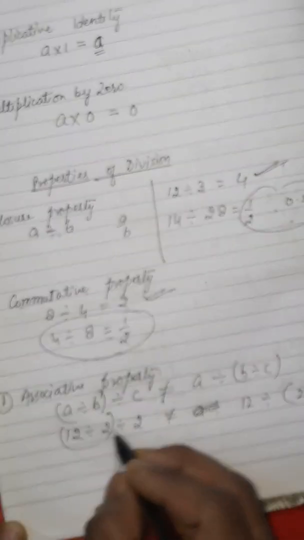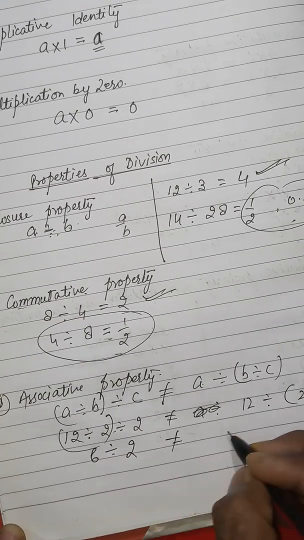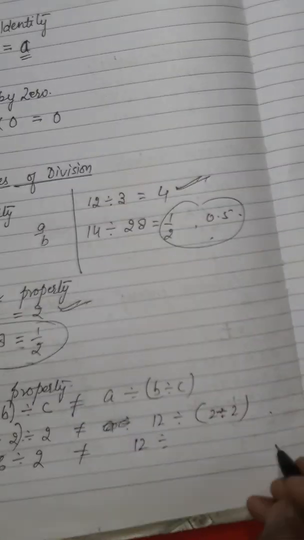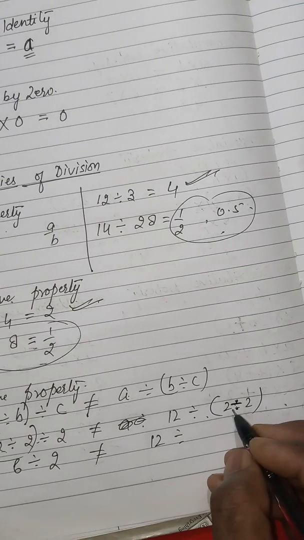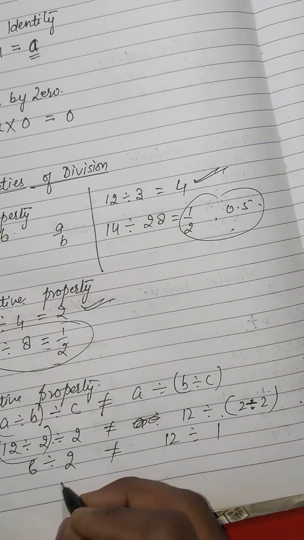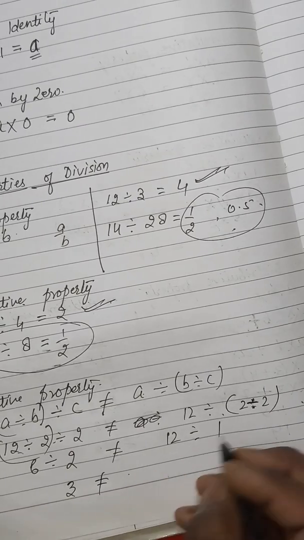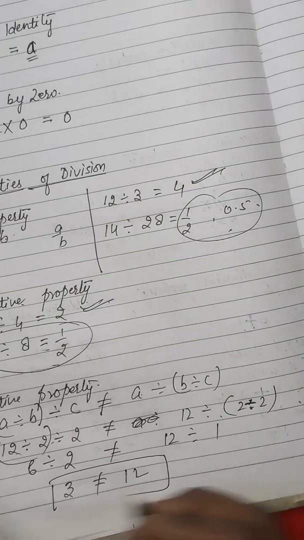Okay, now 12 divided by 2 we will get 6. Then 6 divided by 3 we will get 2. Then 12 divided by the division of 2 divided by 3. Then 12 divided by 1 we will get 12. So 2 is not equal to 12.